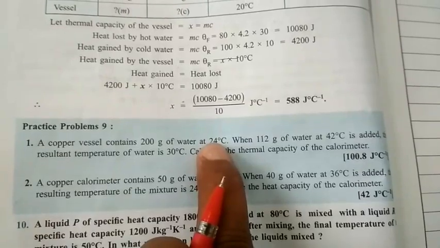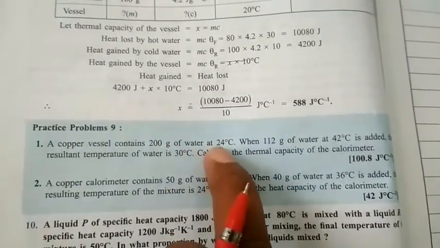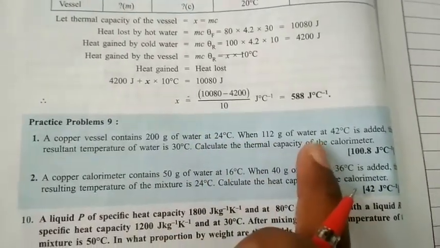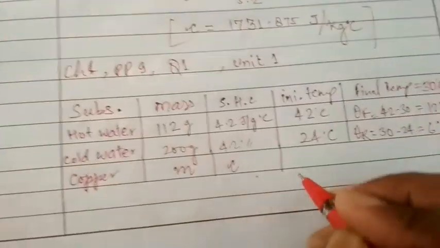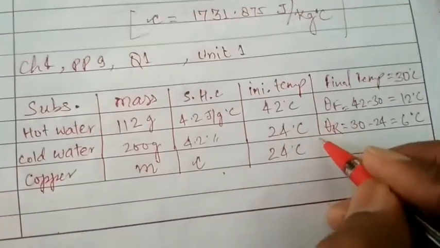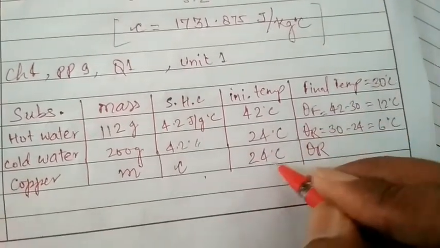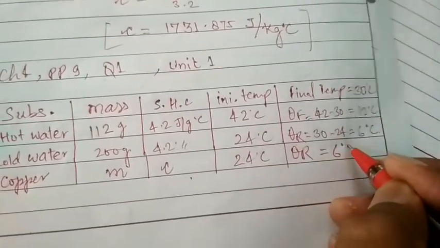So whatever the temperature of the water in the vessel, the calorimeter also has the same temperature. So this calorimeter will have the same initial temperature. It was containing the cold water, and its theta rise will be the same, from 24 to 30, meaning 6 degrees Celsius.